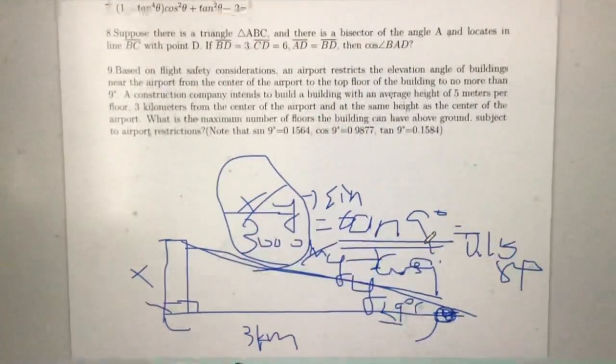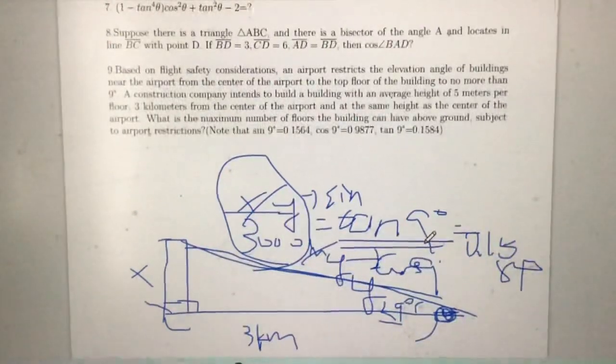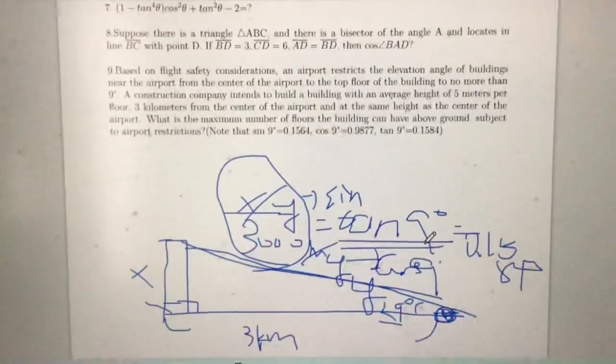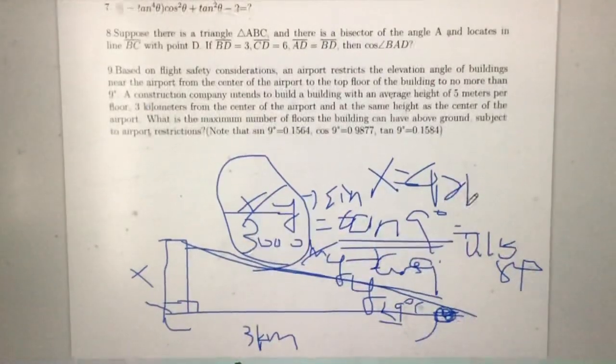And also we can find that x will be equal to 425. Sorry, 421.5. Okay, so we can build a total height of 421.5 meters.